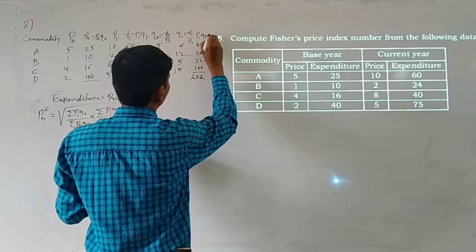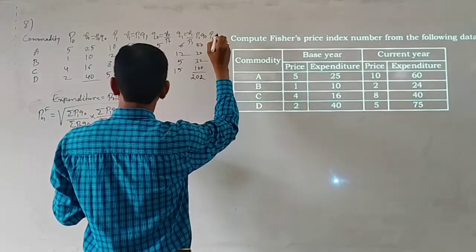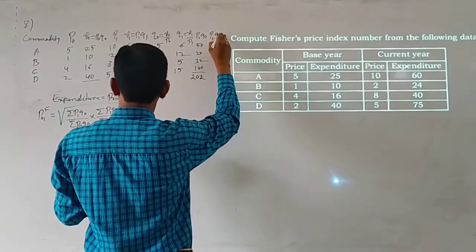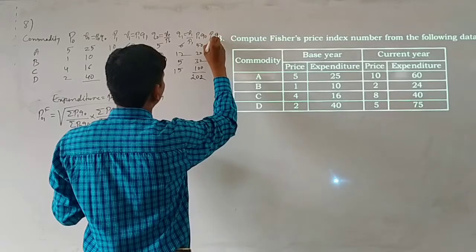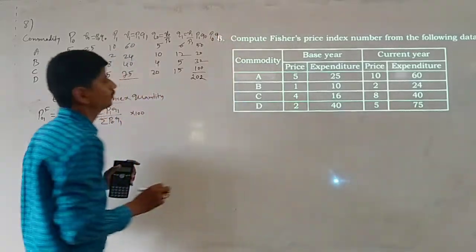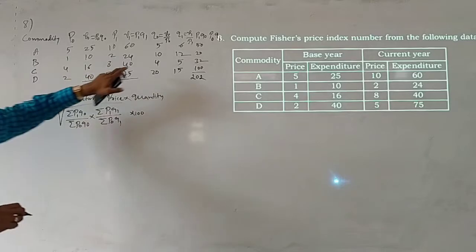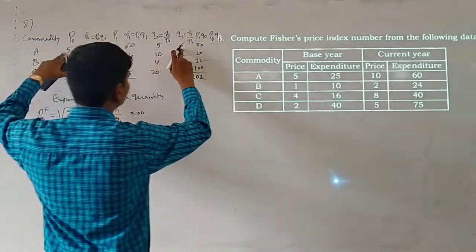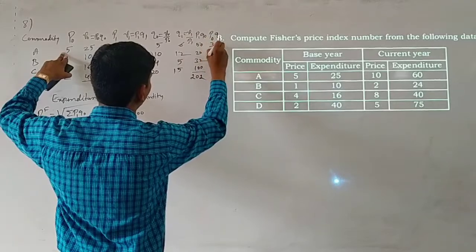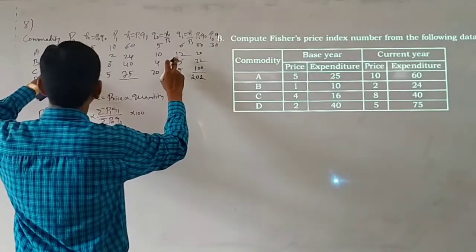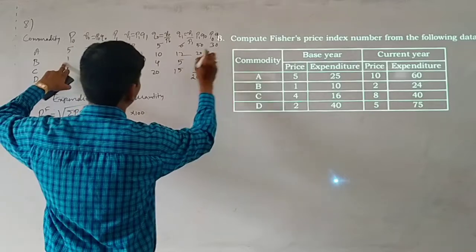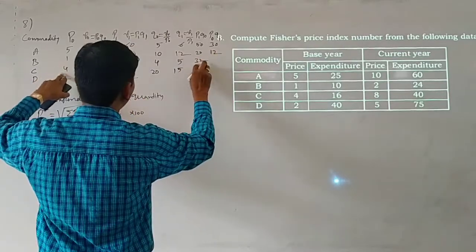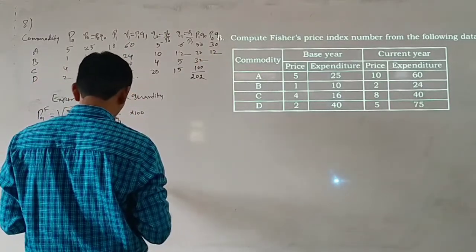Here we have to multiply P0 into Q1. Okay, P0 value is what? 5, and Q1 value is what? 6. 5 into 6 is 30. Next 5 into 12 is 60... 4 into 13 is 52.